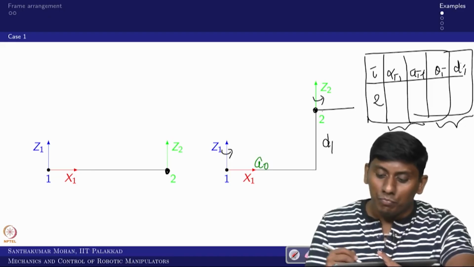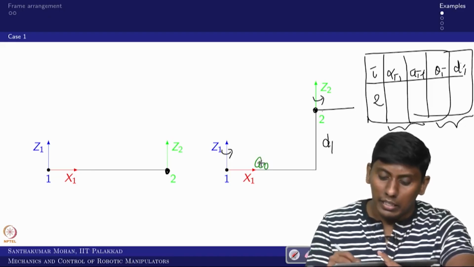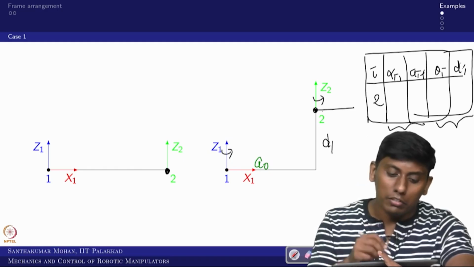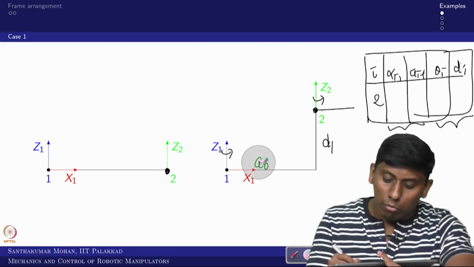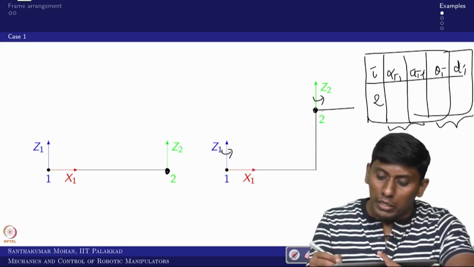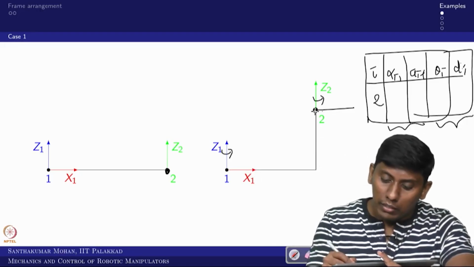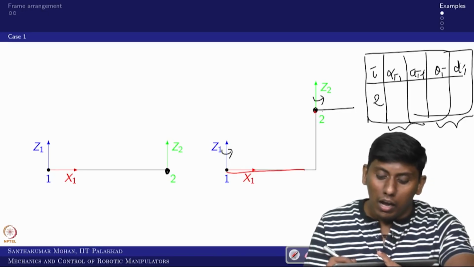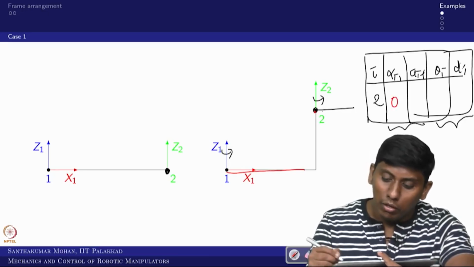So in that sense this d1 and this a naught is not right. That is the whole idea, and that is why I plotted it here. So we will come back here. What would be the case for 2? The distance along x1 and the angle about x1, in this case, is 0.